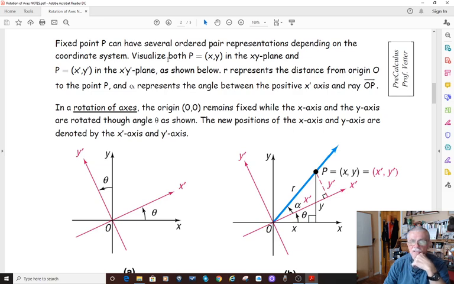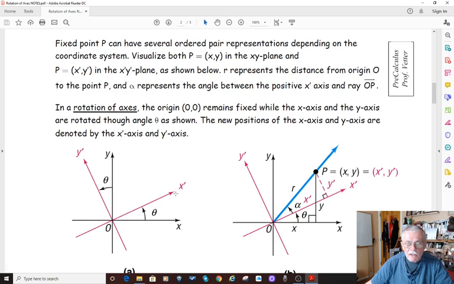All right, so let's just read it. Visualize P, x comma y, in the xy plane, and P, x prime y prime, in the x prime y prime plane, as shown below, where r represents the distance from origin O to point P. Now that hasn't changed, but what has changed is the coordinate system. So here's what we're doing. We have two angles here.